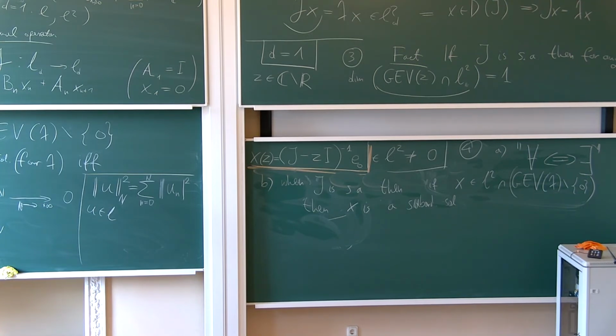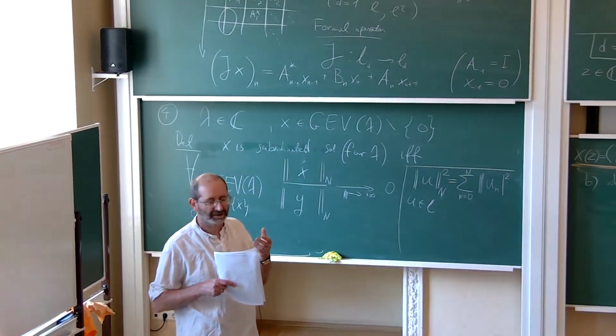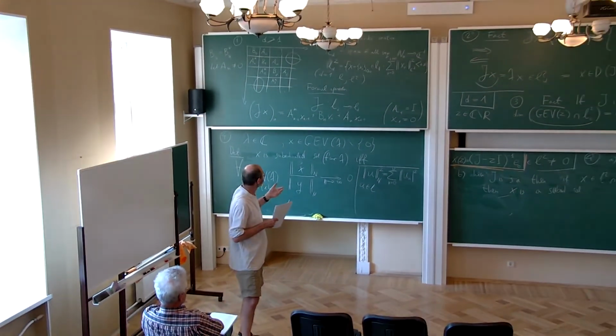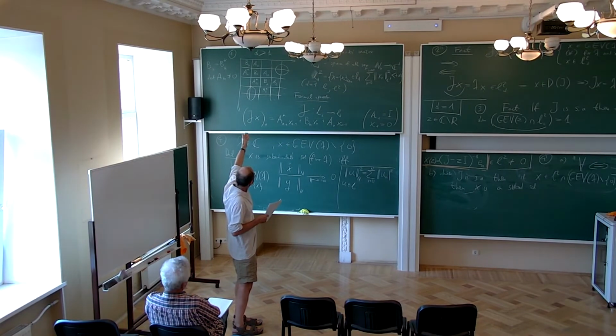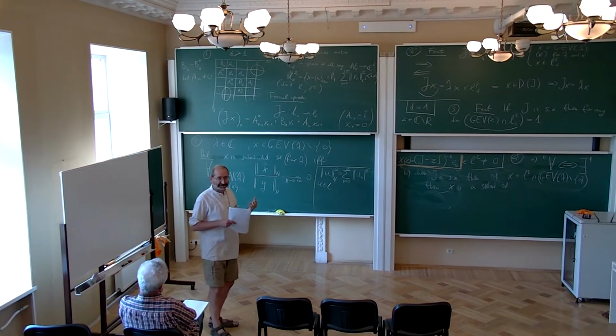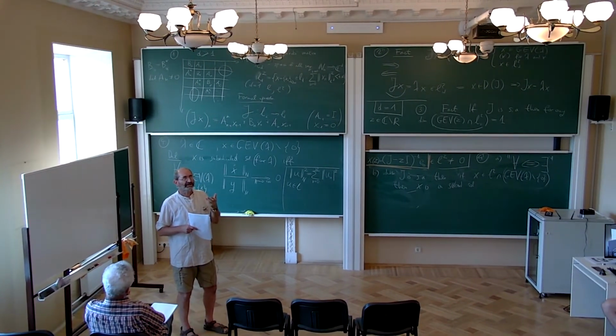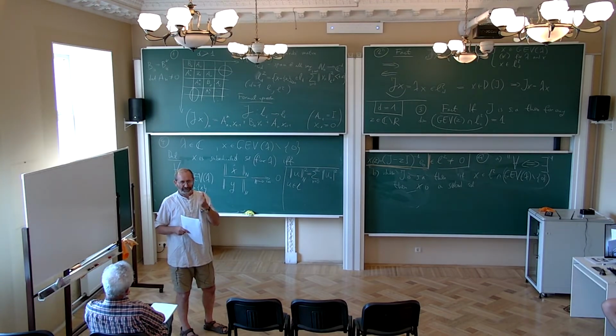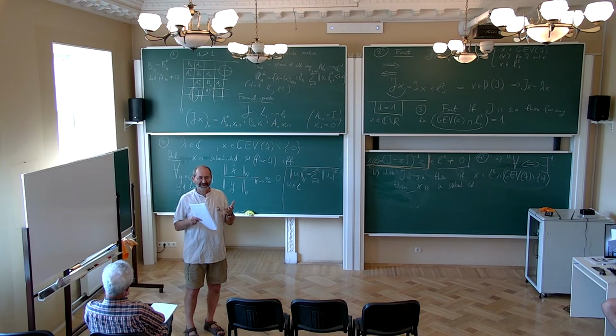When we do not assume something very special about those coefficients, what is true? It's something similar to the Jordan block for the finite matrices.